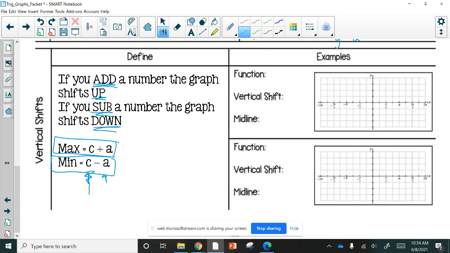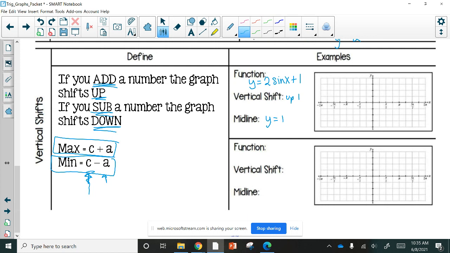So, if we have 2 sine x plus 1, what is our vertical shift? Up 1. What is our midline? Y equals 1. But what have we not talked about yet?